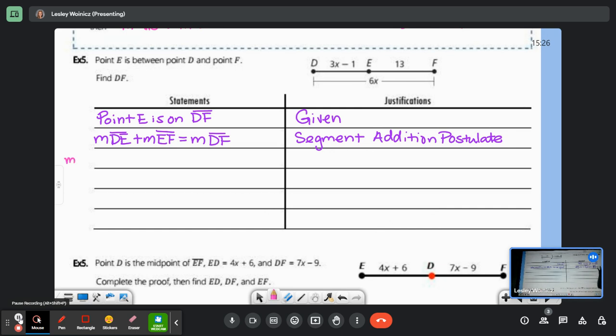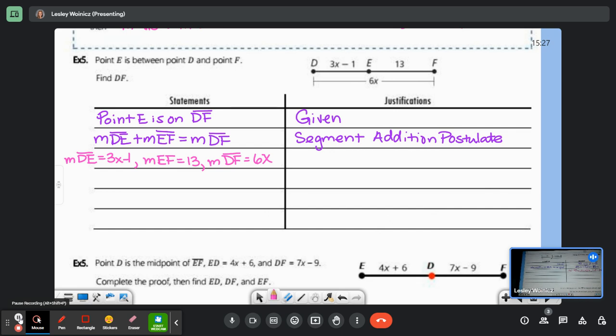The measure of DE equals 3x minus 1. Okay, what about the measure of EF? Yep. And last but not least, the measure of DF equals 6x. Okay, so the segment addition postulate gives us the relationship between these three measures.